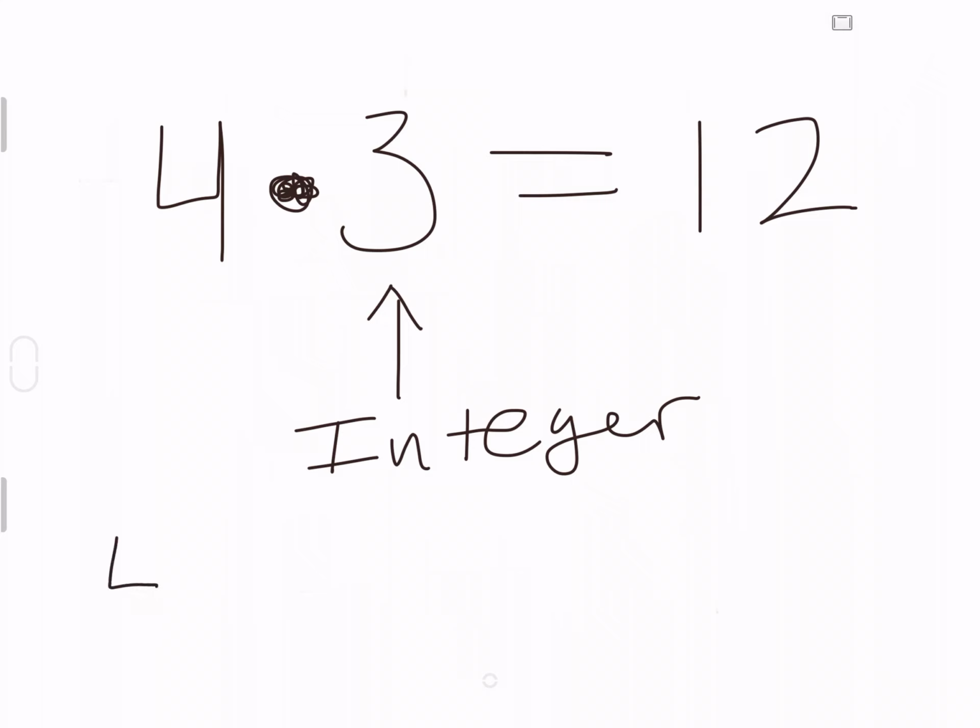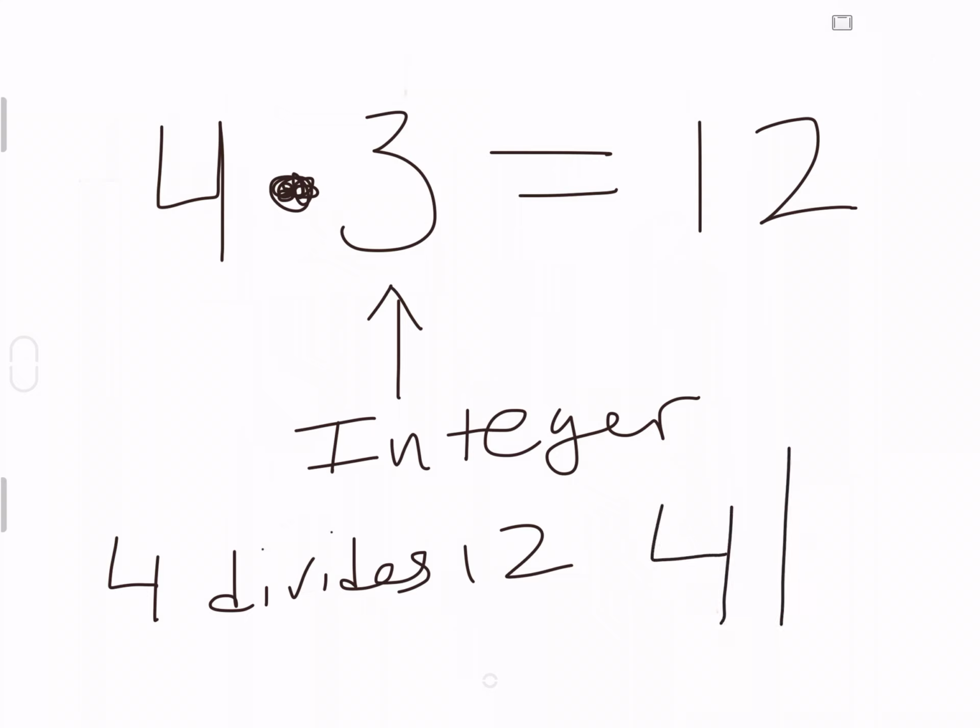So 4 divides 12. And mathematicians are lazy. They get tired of writing words out, so we always come up with symbols for things. Instead of writing 4 divides 12, what we would write instead is this symbol.